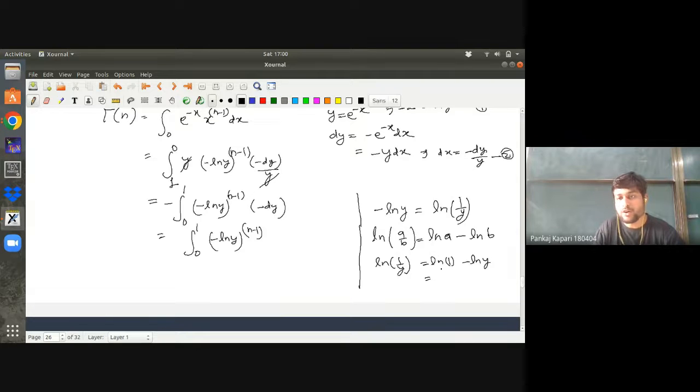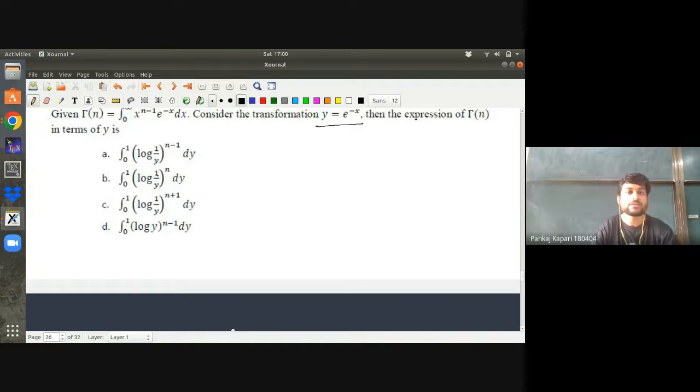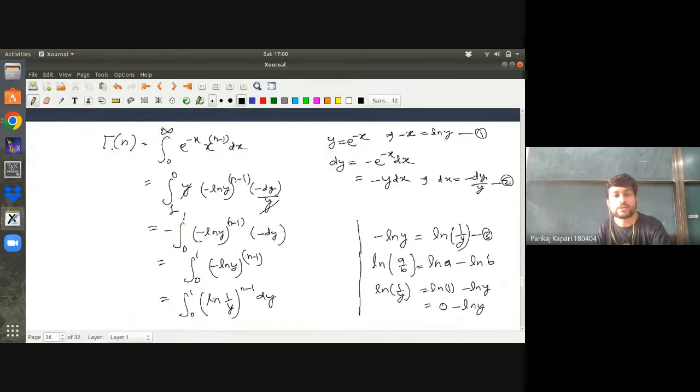The logarithm of 1 is 0. Hence you have this third equation, and therefore this integral will become the integral from 0 to 1 of log of 1 by y to the power n minus 1 dy. Now notice that your first option is correct, log of 1 over y to the power n minus 1 dy.